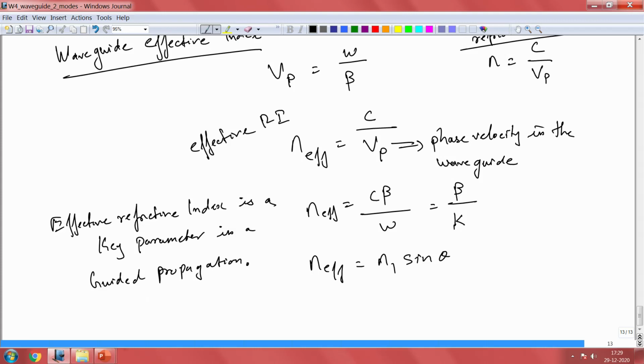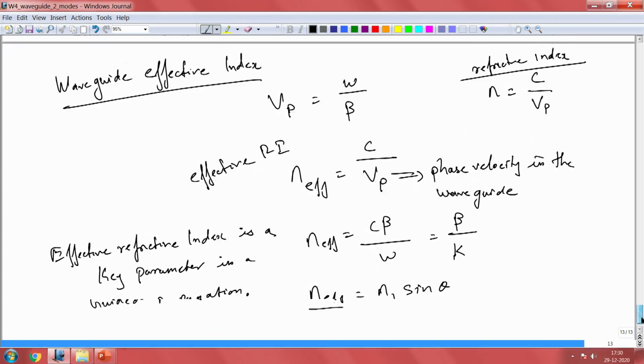The refractive index that we talk about, n1, n2, those are all refractive indices of the bulk medium, while n effective is actually applicable to propagating or guided media. So, when you talk about any kind of waveguide, be it slab or channel, you would ask for the effective index of that medium.